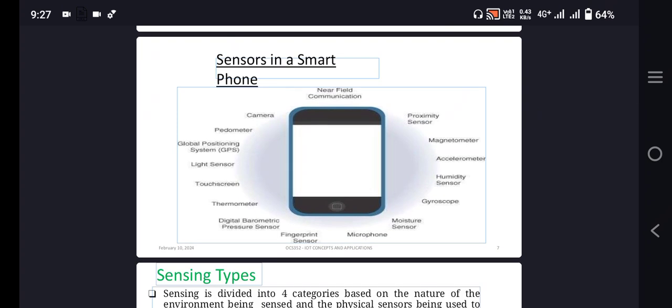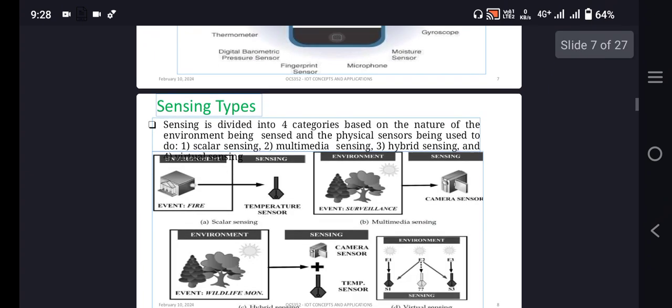We will see the sensors in a smartphone. The smartphone consists of various sensors like proximity sensor, magnetometer, accelerometer, humidity sensor, moisture sensor, microphone, fingerprint sensor, thermometer, touch screen, light sensor, pedometer, global positioning system, etc.